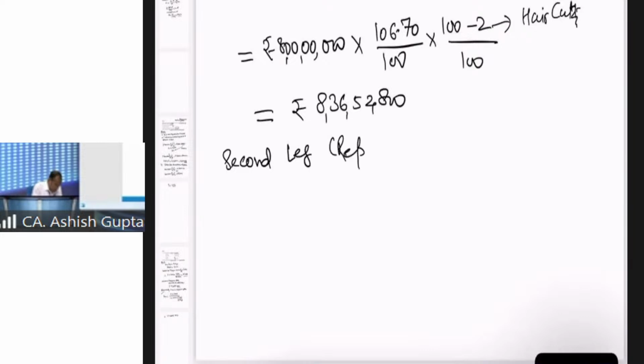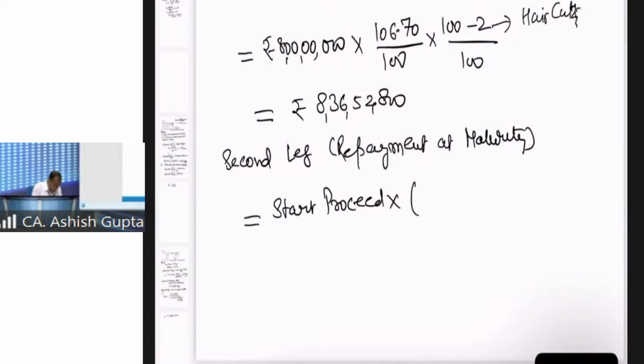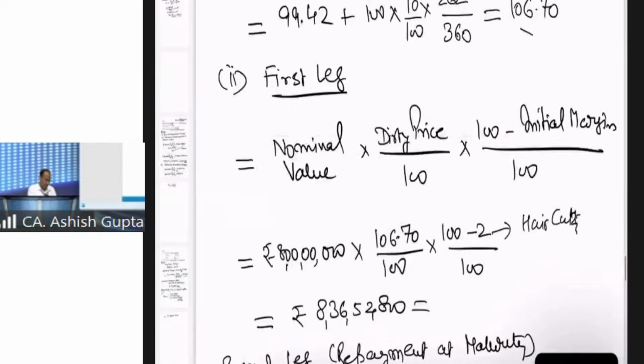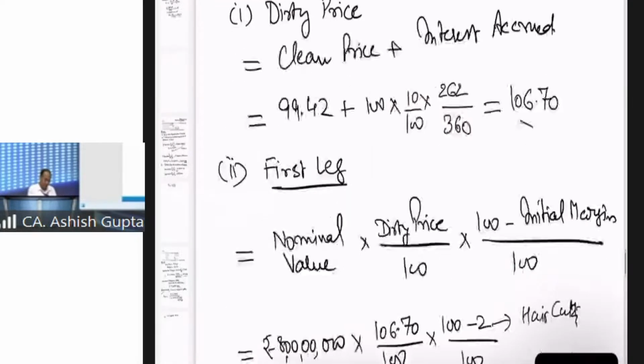Now the proceeds are this much that we have borrowed, multiplied by 1 plus the repo rate, is this much.